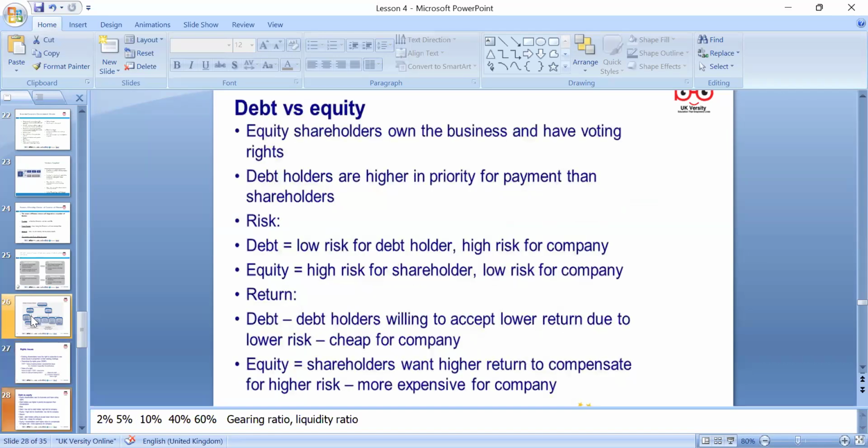As mentioned earlier, debt is cheaper than equity. Equity means shares, and debt means bank loans, mortgages, leases. Debt holders have higher priority of repayment than shareholders. Debt is low risk for the debt holders but high risk for the company, and equity is high risk for the shareholders and low risk for the company. On return, debt holders will accept a lower return due to the lower risk, and equity is high risk, high return.